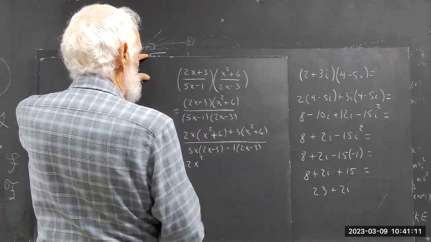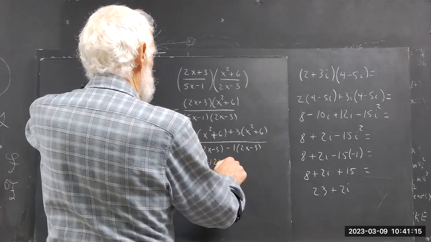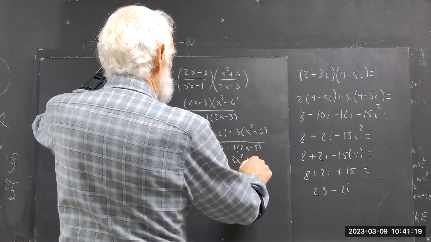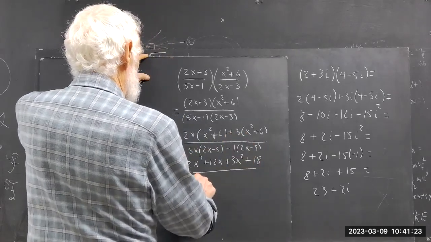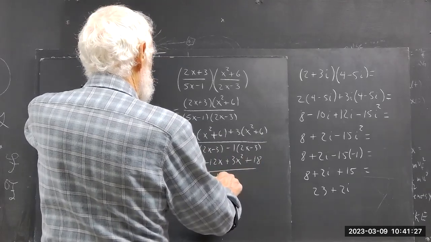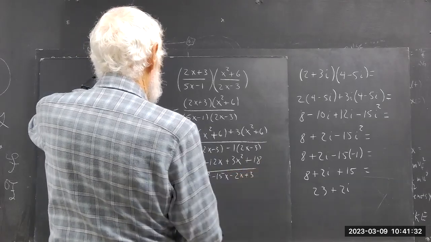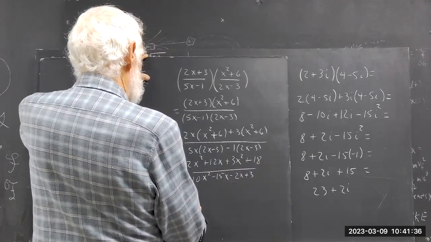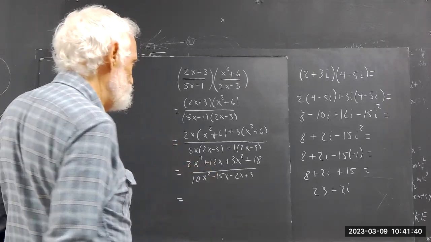Then 2x times x squared is 2x cubed, 2x times 6 is 12x. 3 times x squared is 3x squared, 3 times 6 is 18. Then down here, we're going to get 10x squared minus 15x minus 2x plus 3. Now we can write things out.